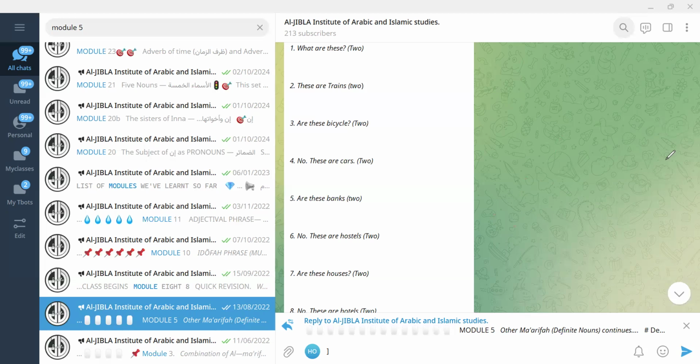From your check, what other meaning did they give it? I can't remember. I only searched for another name for hostel, and it brought out Nuzul, and several other ones. Okay. So this one is: لا هذان سكنان. لا هذان سكنان.